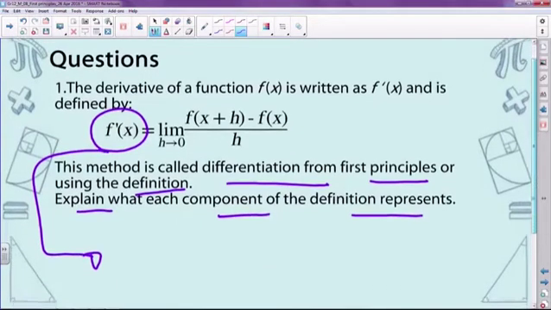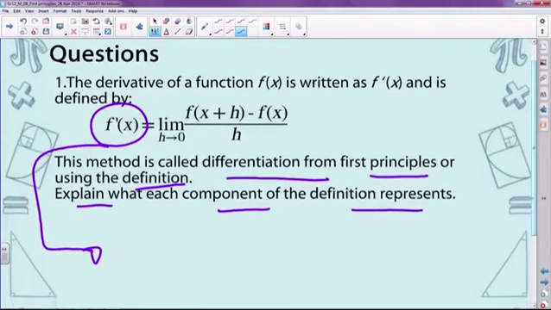So f prime x is really just a notation. The tick mark, you see that little tick there? That tells us that the function we're looking at is now a derivative function. So that tells us we are finding the derivative. It also tells us that this function, f dash x, is related to some function f of x.